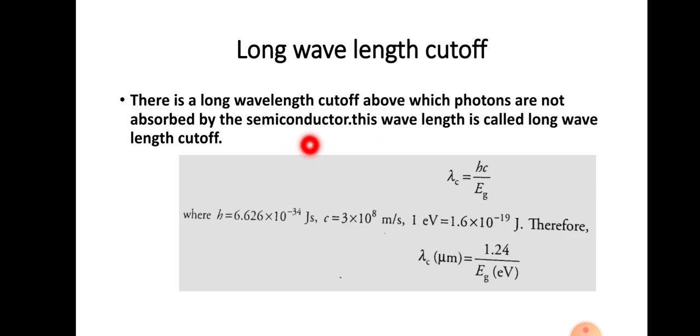So the long wavelength cutoff indicates that above that cutoff wavelength, the photons are not absorbed by the semiconductor material. This wavelength is called the long wavelength cutoff, and it is indicated by the letter lambda c, which is equal to hc divided by Eg, where h is Planck's constant and c is the velocity of light. We can write the equation for lambda c as 1.24 divided by Eg.